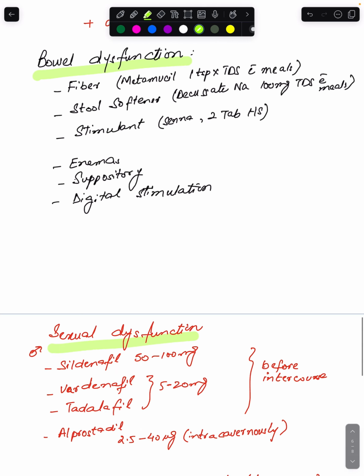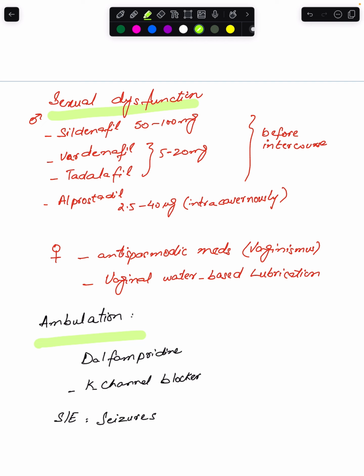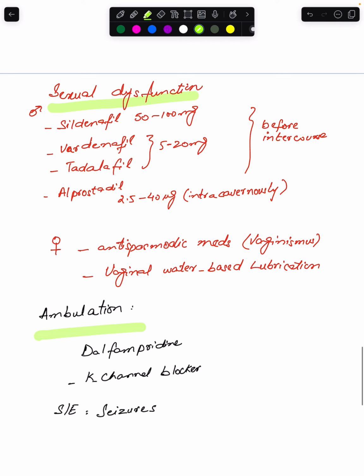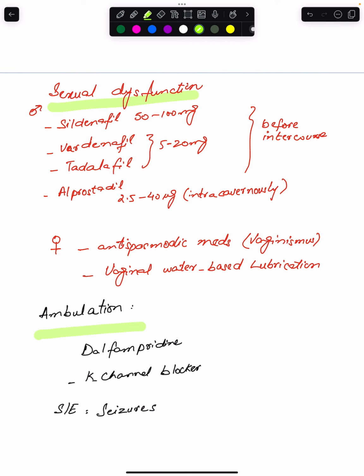For sexual dysfunction, the drugs available are sildenafil, vardenafil, tadalafil, alprostadil, and for females we can give antispasmodic medicines for vaginismus, and vaginal lubricants can also be given.